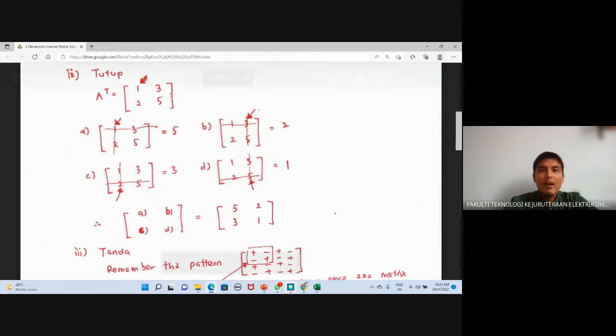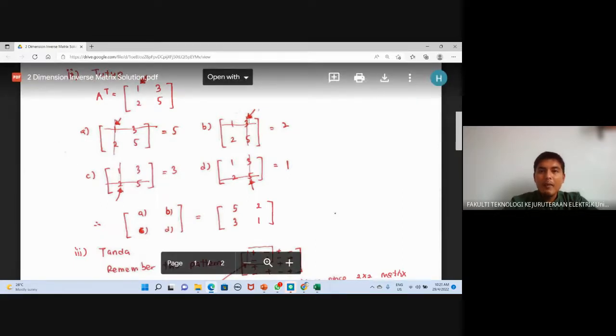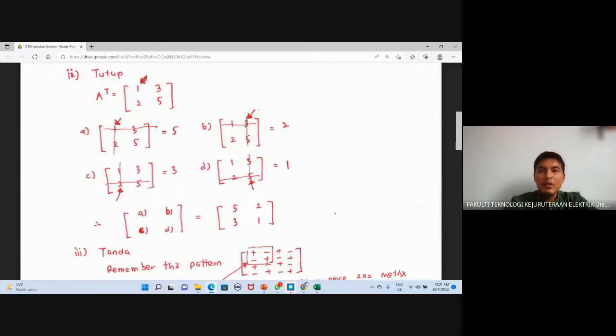Okay, now we want to fill up this area. We need to close this number, so you look at the vertical and horizontal of the number that we want to close, and then see what number is left. It is 2. Then we go to the third number. We want to close number 2, so you look at the vertical and horizontal.